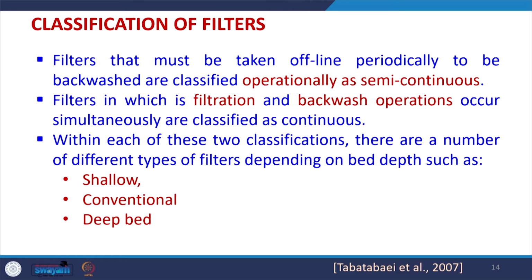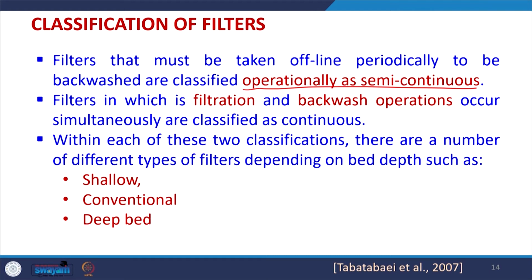Now, these are the simple classifications. There can be other classifications also, like filters that must be taken off periodically to be backwashed. They can be classified as semi continuous, because we have to go for backwashing, so they are not continuous.